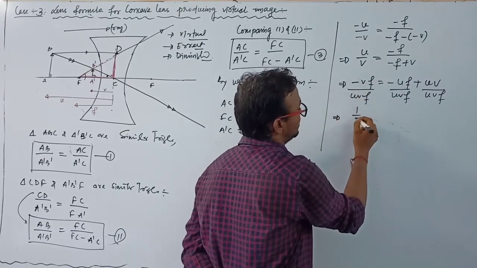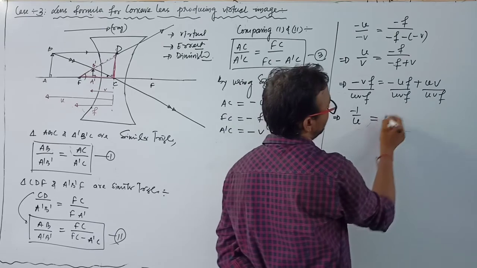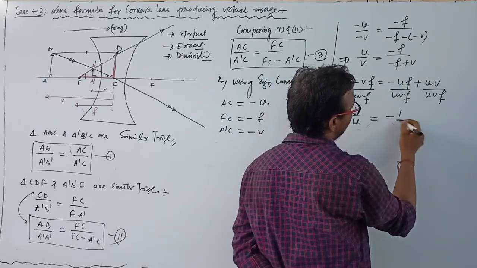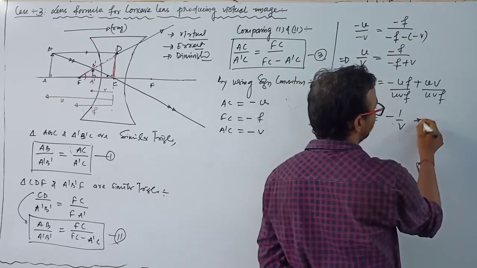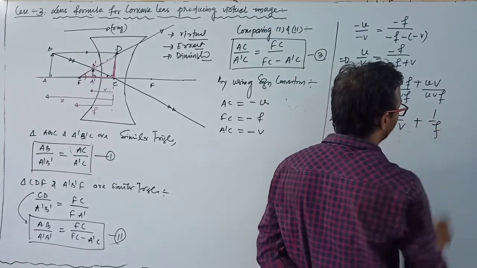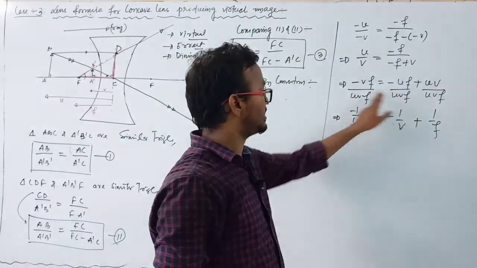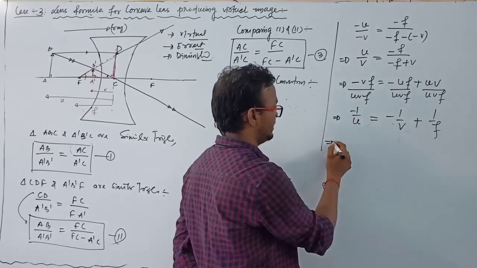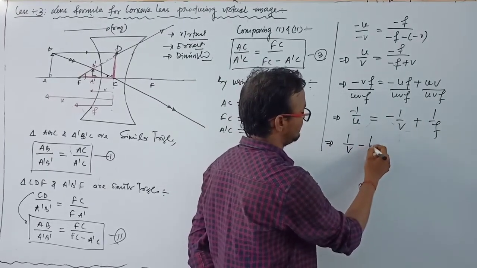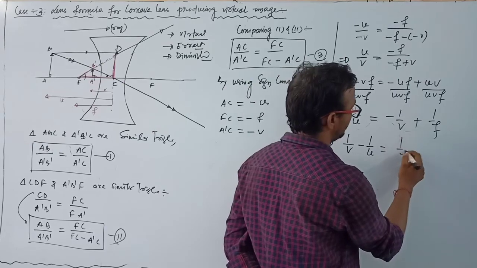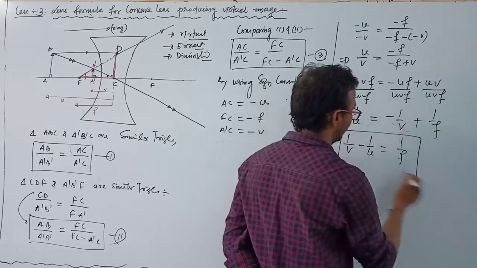The remaining term is 1 by U with a negative sign, UF cancels leaving 1 by V, and UV cancels leaving 1 by F. So if we take 1 by U from the right hand side to the left hand side, we can write 1 by V minus 1 by U equal to 1 by F.